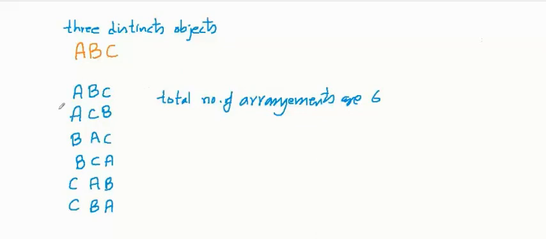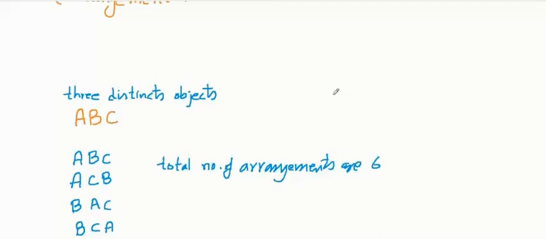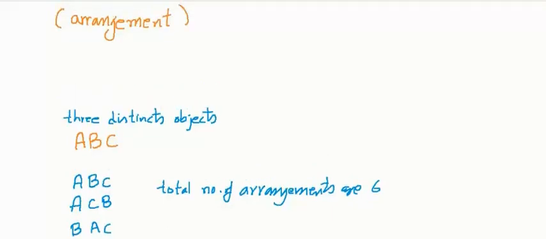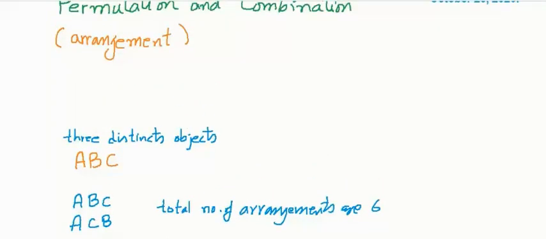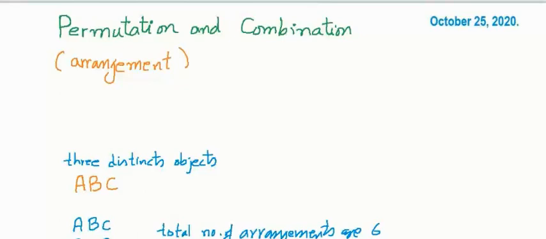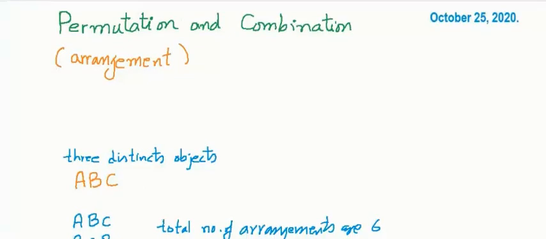Every time we do not do it like this; this was only an example. If there are 10 objects, it is not possible for us to find all the possible arrangements. We can find the number of arrangements by using a formula. But if we were to arrange those 10 objects, it would take a lot of time, a lot of effort, paperwork.